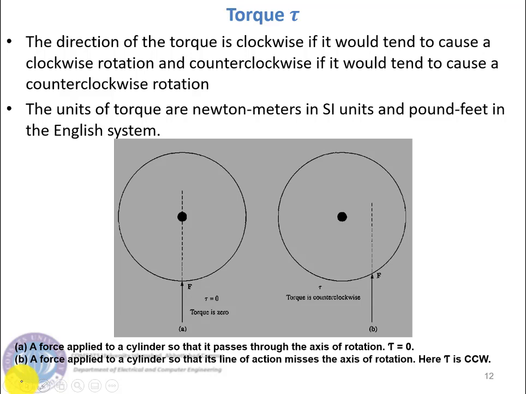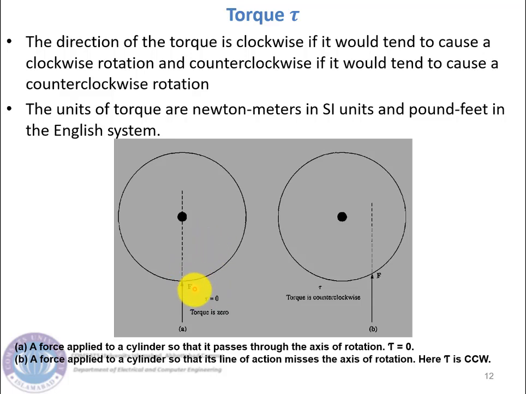Now, if we look at this figure, say this is a shaft. If we apply a force on the shaft such that the line of the force passes through its center, obviously this object will not move at all, and the torque produced by this force on this object will be zero.